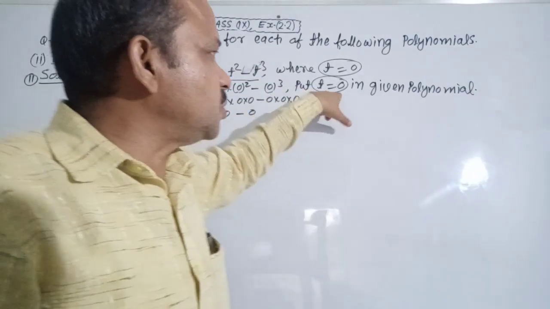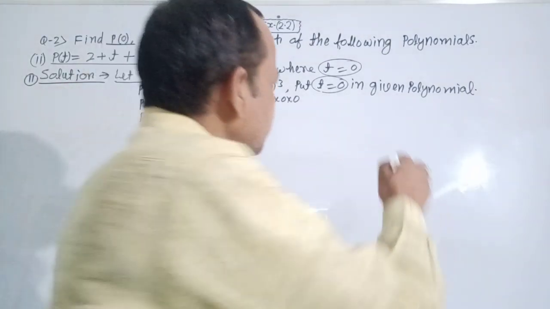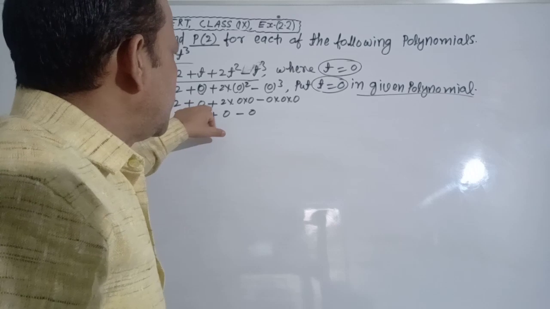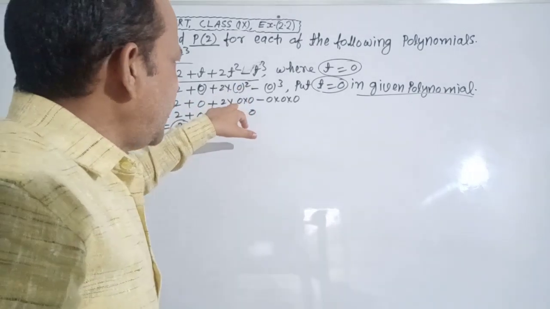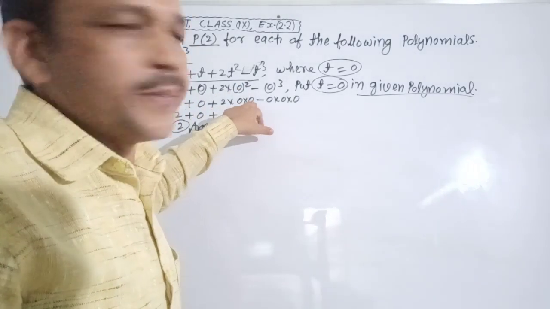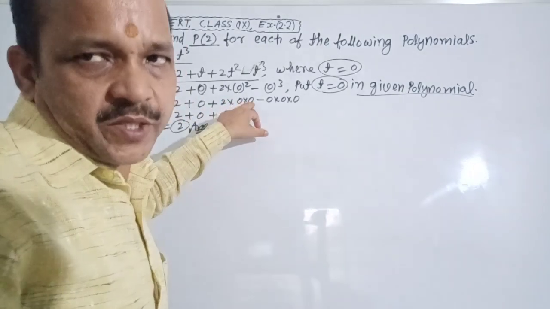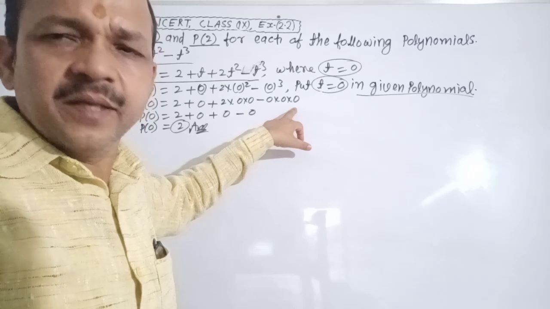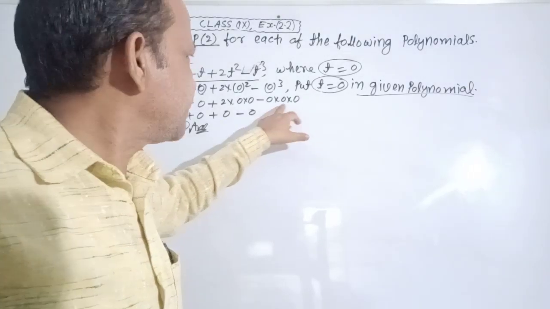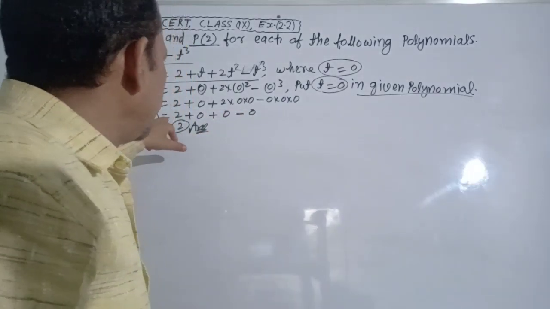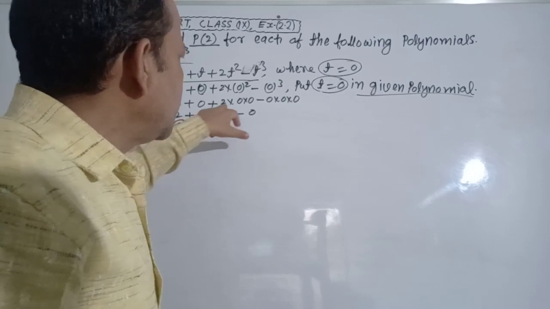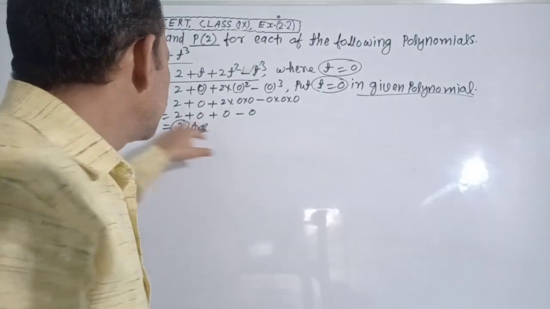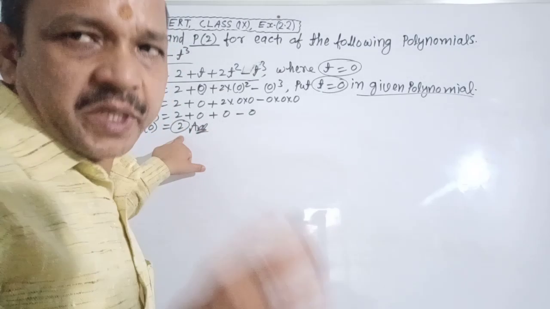Put t equal to 0 in the given polynomial. p(0) equal to 2 plus 0 plus 2 multiplied by 0 multiplied by 0, minus 0 multiplied by 0 multiplied by 0. It becomes 2 plus 0 plus 0 minus 0. It becomes 2.